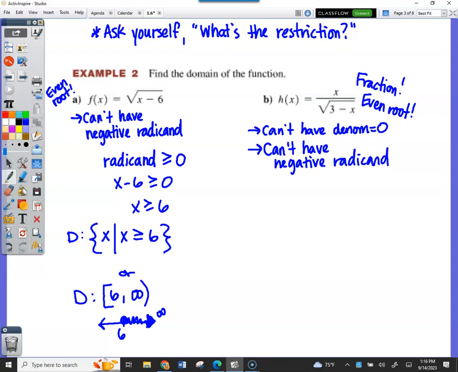So we need to adjust this because we have two restrictions. Can't have a negative radicand would mean take the radicand and set it greater than or equal to 0. But what's the problem? It can't be 0. So there's a second restriction we have to account for at the same time, and that's that we can't actually get 0.